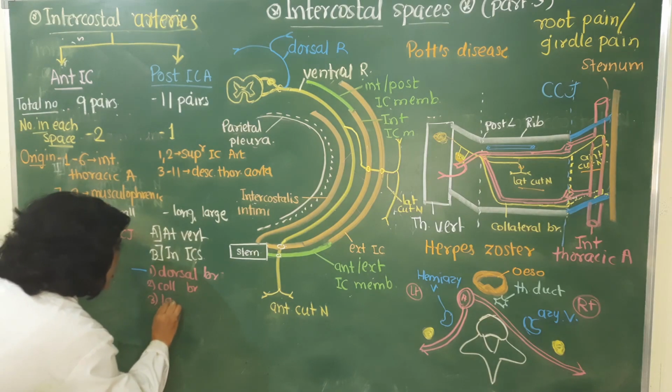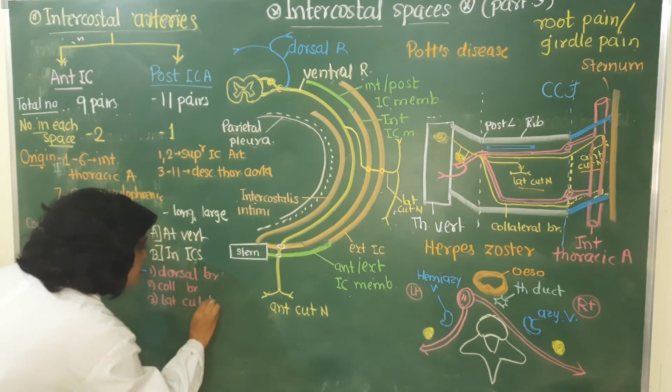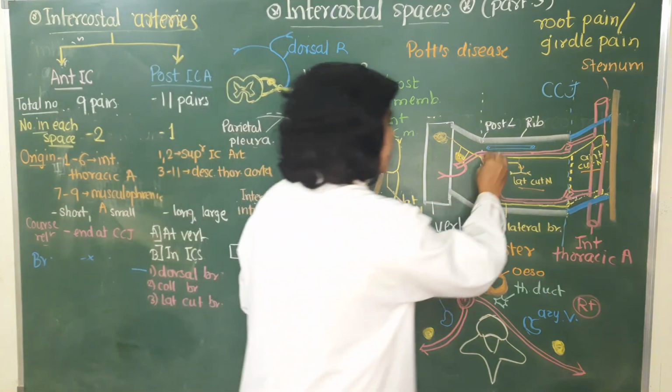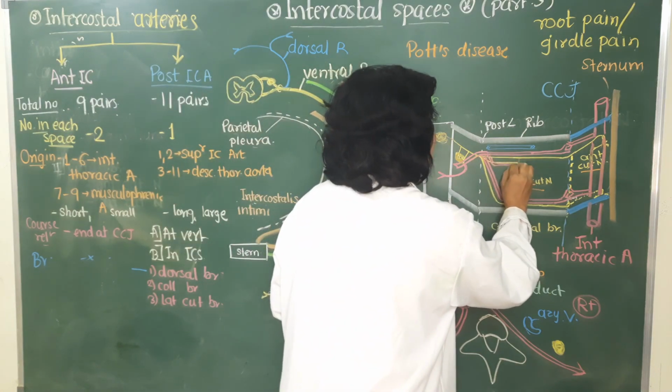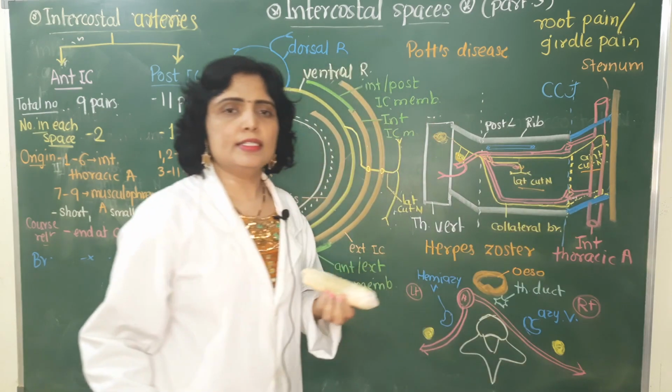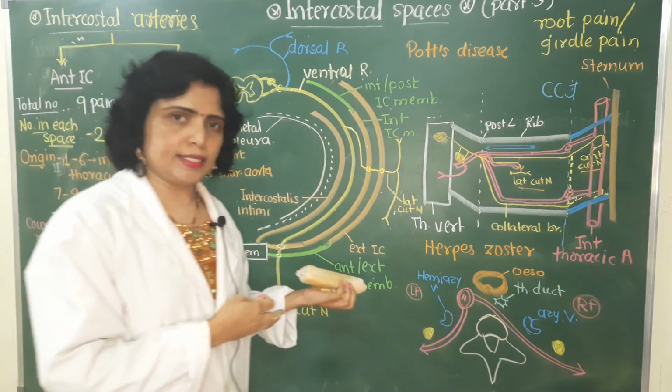Next branch is the lateral cutaneous branch. It also arises at the posterior angle, and it passes along with the lateral cutaneous nerve and pierces the muscles at the mid axillary line.